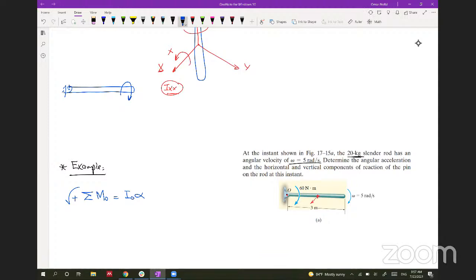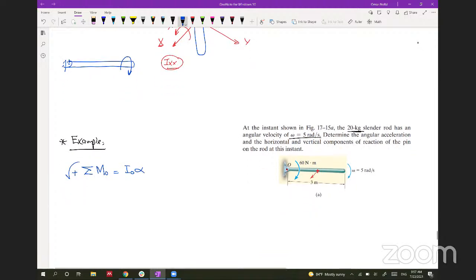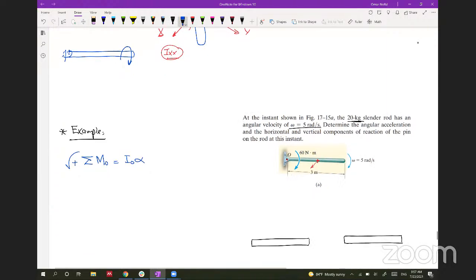But before you do this, so that you can get the moment, the I at O, and the alpha direction, you will have to draw a free body diagram and a kinetic diagram. So this is the free body diagram, and I will put my kinetic diagram here. In the free body diagram, you will have to put all the forces on this body. The only one that I can see is a moment equal to 60 Newton meter.